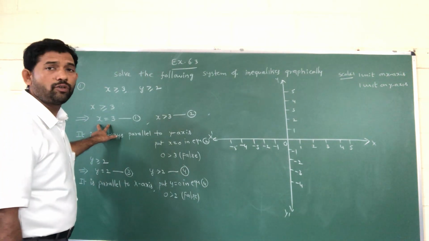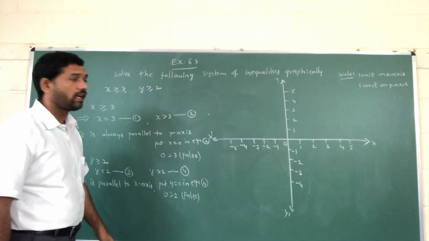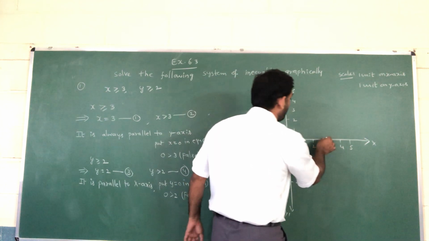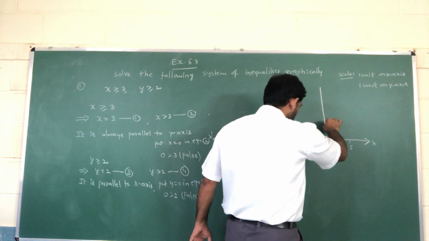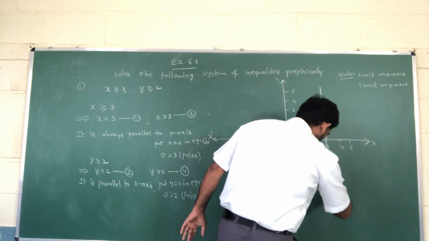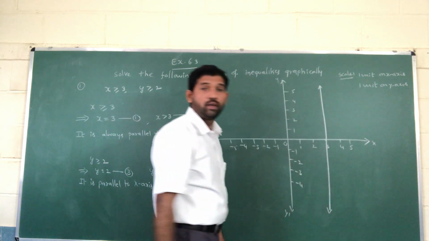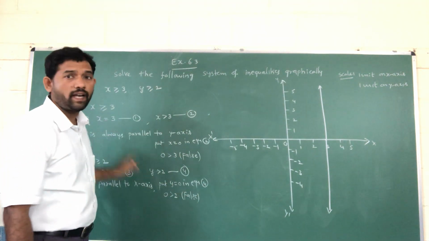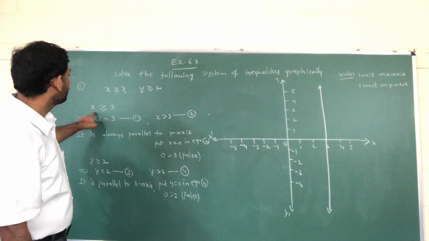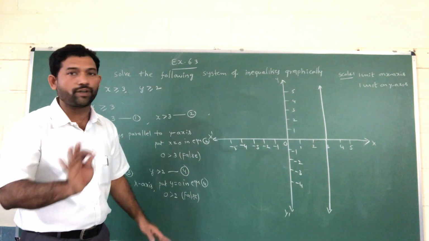Now first is equation number 1, x equal to 3. X equal to 3 is parallel to the y-axis. Also equal to is there, so for x greater than or equal to you have to take a dark line, not a dotted line.